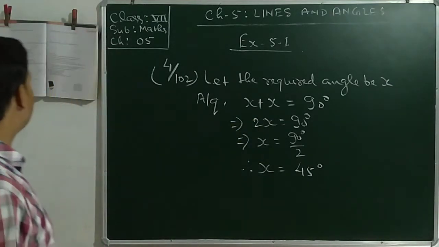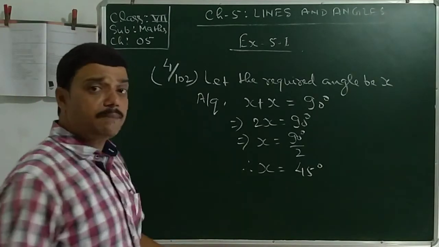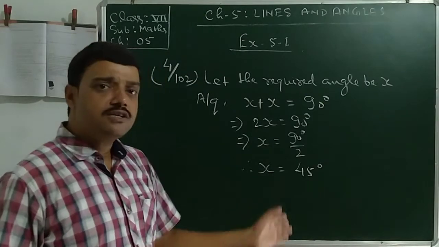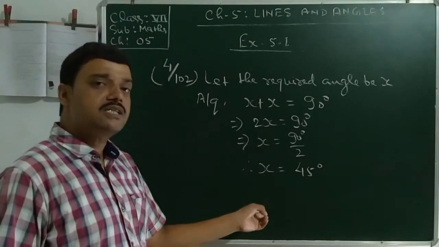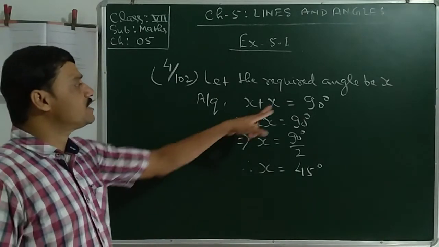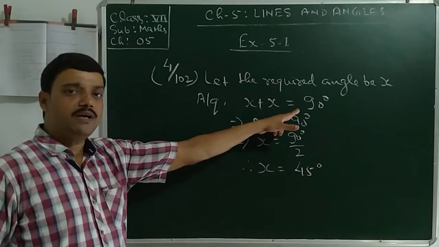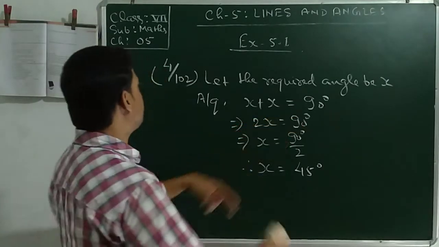Now look at the number 5 sum. Find the angle which is equal to its supplement. Very easily you can solve that sum also using this one, because in the complementary the sum was 90, in the supplementary the sum will be 180. Let me change this sum, it's very easy.